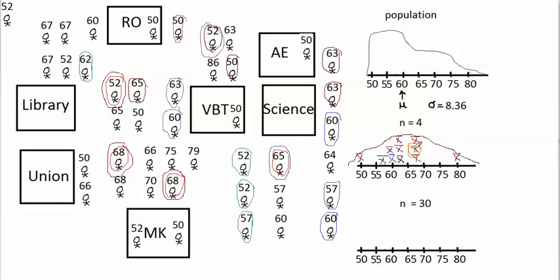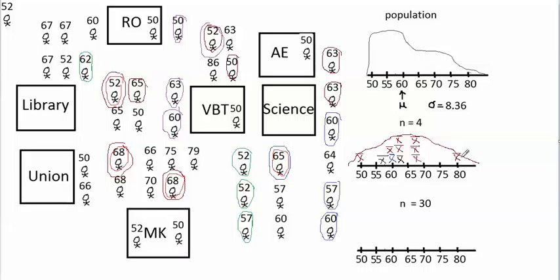So if I select this group of 4 people, I guess my sample mean would come out to about 67. If I selected this group of 4 people, the sample mean would be about 50, and I would have a shorter group of 4 students, and my sample mean would underestimate the population mean by quite a bit.